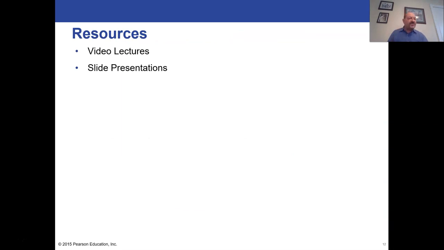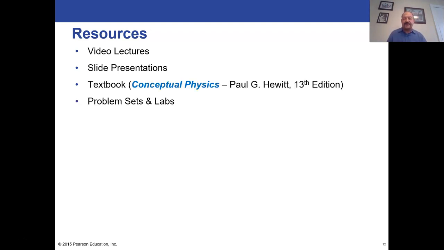So you have resources if you're getting stuck. We have the lecture videos that I made. You have the slide presentations that I completely revamped from previous slide presentations. If you've taken the course before, I've added a lot more explanation in the slides. We have the textbook, which is very good. There are some small mistakes in different parts of the book. Most of it is because they're simplifying things for you, because it's a first semester course that's conceptual rather than bogging you down with a lot of math.